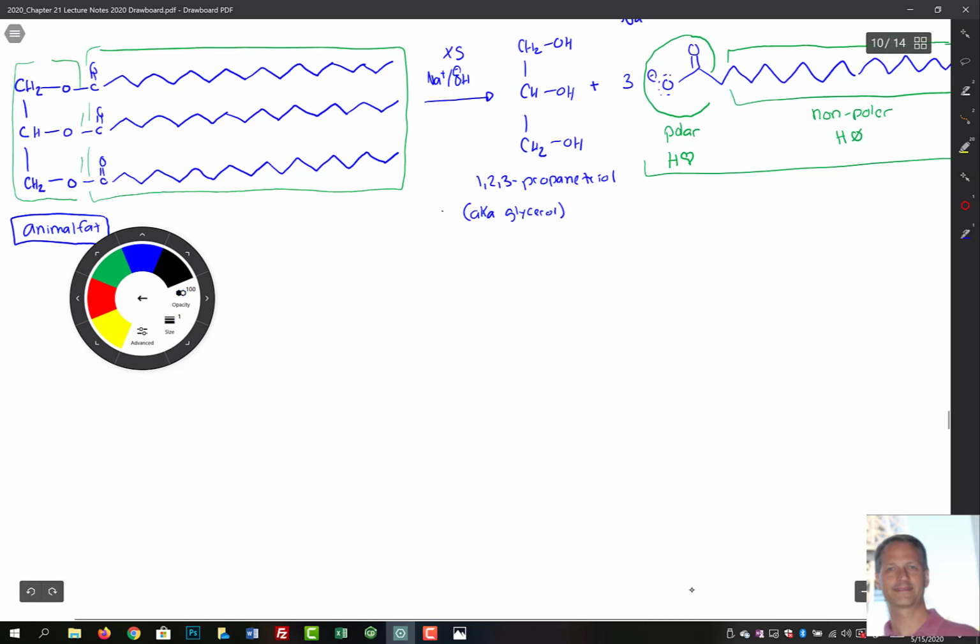Now glycerol, and we're going to come over here, can become nitrated. With HNO3 and H2SO4, we can make the following molecule. I'm going to write this thing out here. Here's our CH2, here's our CH, and our CH2.